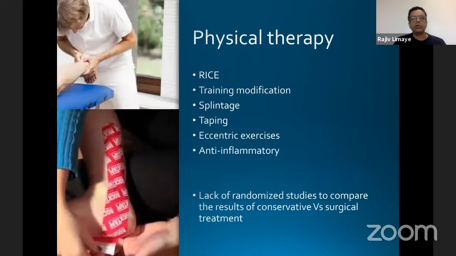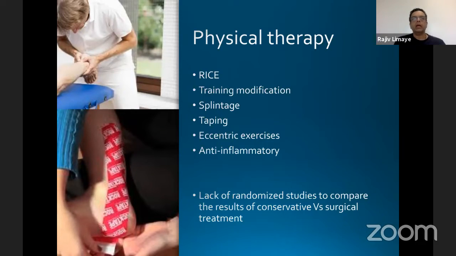Physical therapy or physiotherapy still takes the main part in the treatment. The initial treatment is RICE, which is rest, immobilization, compression, and elevation, followed by training modification, splintage, taping, and eccentric exercises. The anti-inflammatory medication can go alongside with it. However, there is a lack of randomized studies to compare the results of conservative versus surgical therapy.